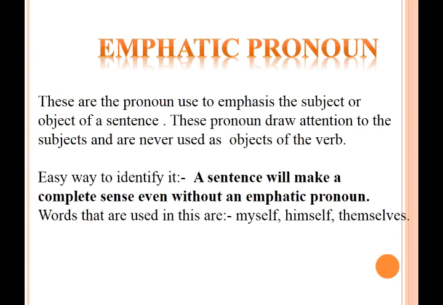Now, an easy way to find out an emphatic pronoun is that a sentence will make complete sense even without the emphatic pronoun. Words which are used in emphatic pronouns are myself, himself, and themselves.